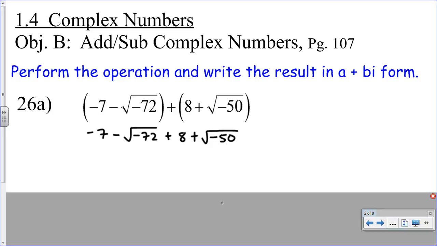Okay, so I can pull out an i when you have a negative under the radical, and then 72, let's write that as 36 times 2. So you're doing negative 7 minus 6i square root of 2.